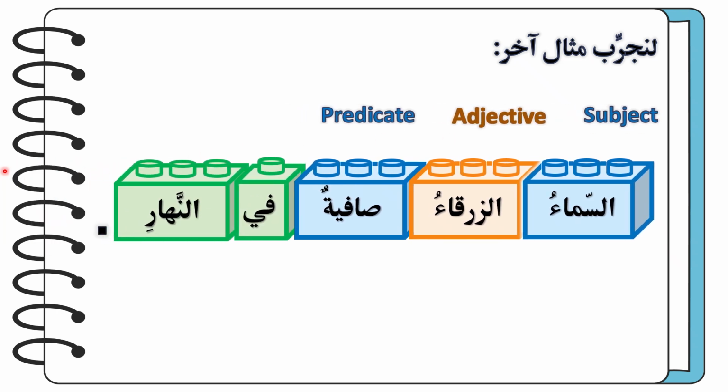Expand the sentence even more and add a prepositional phrase. In this case, it talks about the time of the sentence. So the blue sky is clear في النهار, in the day, meaning during the day. The sentence becomes السماء الزرقاء صافية في النهار.